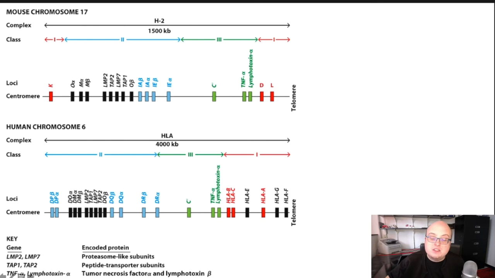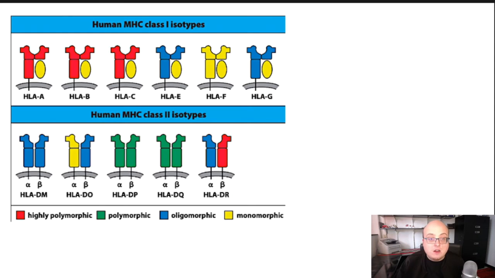Same thing with MHC class 2. We have 3 versions of each chain of MHC class 2. But most of these MHC molecules are also highly polymorphic. And so here, this gives you a breakdown of the relative amount of polymorphism that we see in each of the major MHC isotypes.